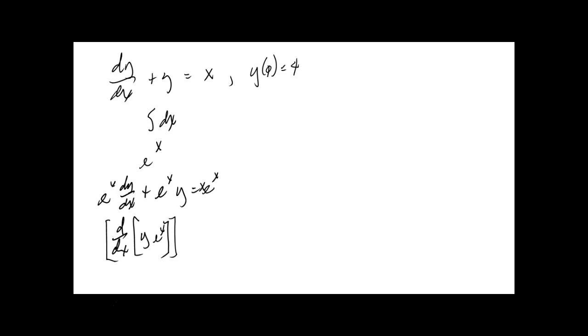So now we write this as a differential: d of y e to the x is equal to x e to the x dx. Now we integrate both sides, sorry, forgot to say that. Integral of a perfect derivative is y e to the x, right?